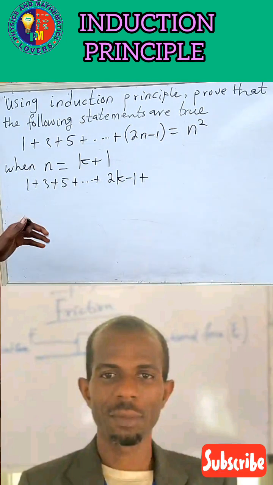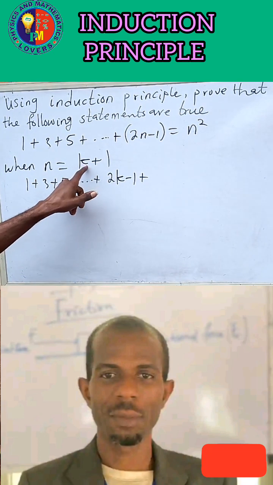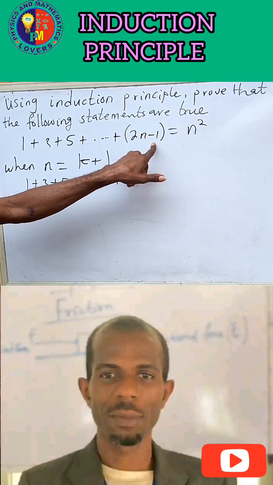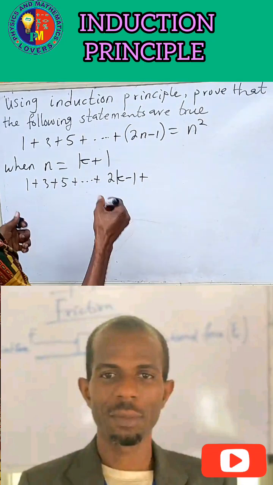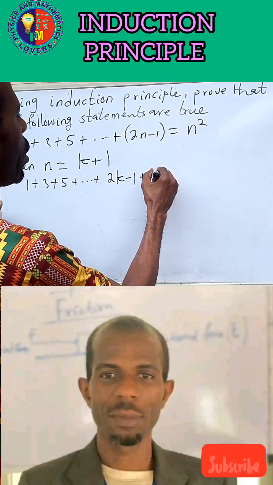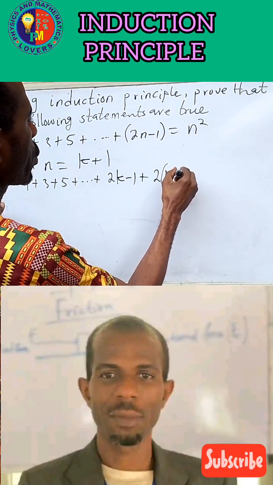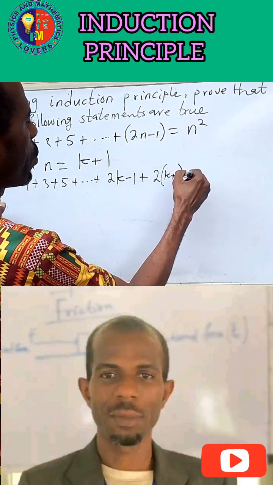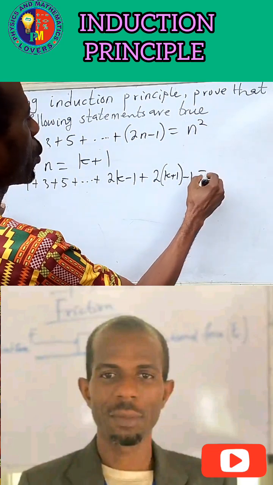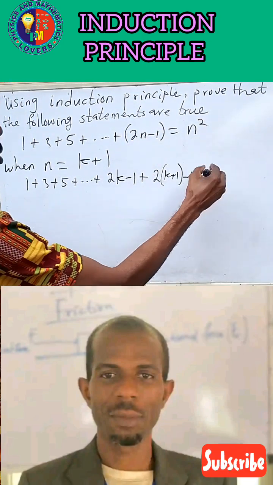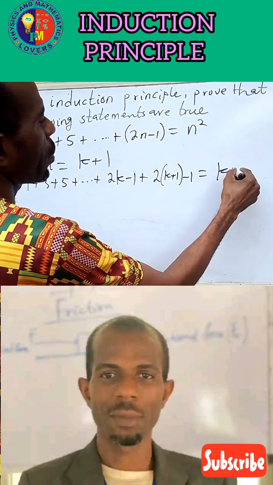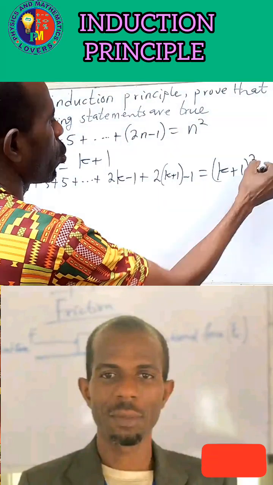Then the next one is plugging in k plus 1 to obtain the next term, so we have 2 times k plus 1, then minus 1, equal to. On the right hand side, we plug in k plus 1, all squared.